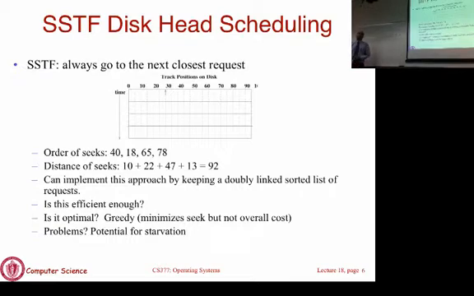So the point being made is you want to factor in both the time it takes to seek to a track as well as the rotational latency once you get there, and try to optimize the sum of the two.